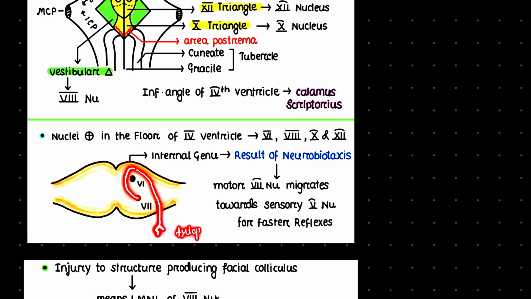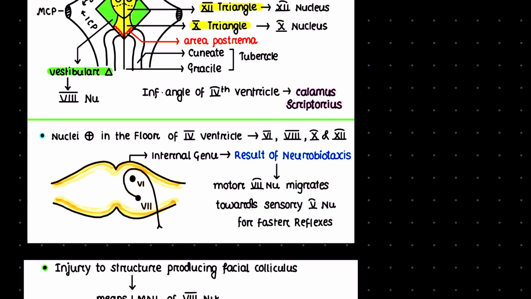The main motor nucleus will be closer to our sensory nucleus because of this winding process. Bringing the motor and sensory nuclei together for a faster response is the reason why our seventh cranial nerve is winding around the sixth cranial nerve, so that it goes closer to the trigeminal nerve and there can be a faster response.